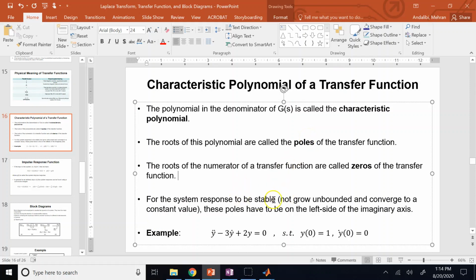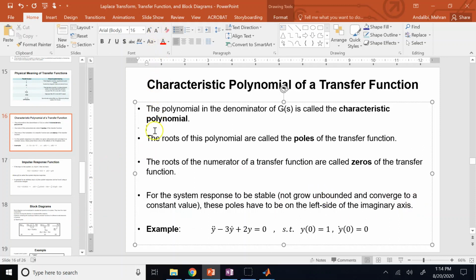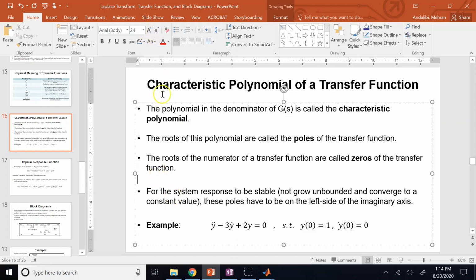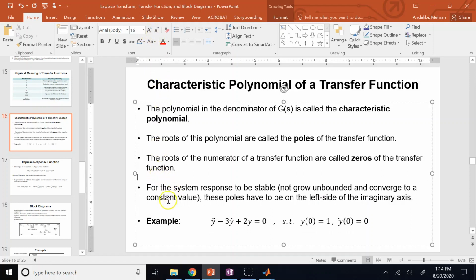Okay, so these are some of the meanings, right? So I say if it's stable, if it's unstable, right? Now let me add that again, since I mentioned it, I want your notes to be complete, although stability we talk about in more detail in the next chapter, but I want you to have everything at hand. Okay, to not grow unbounded, these poles have to be on the left.